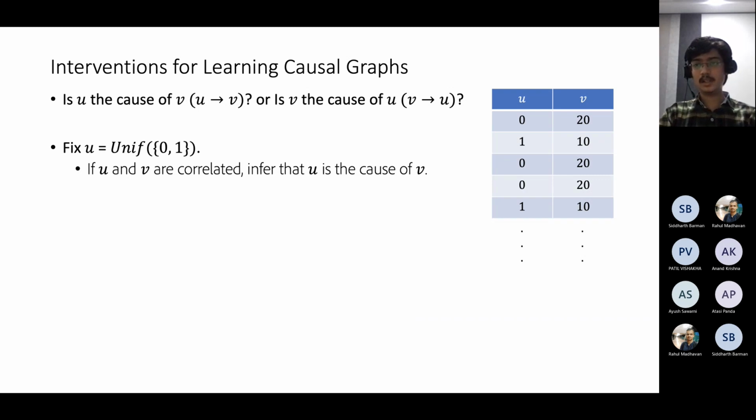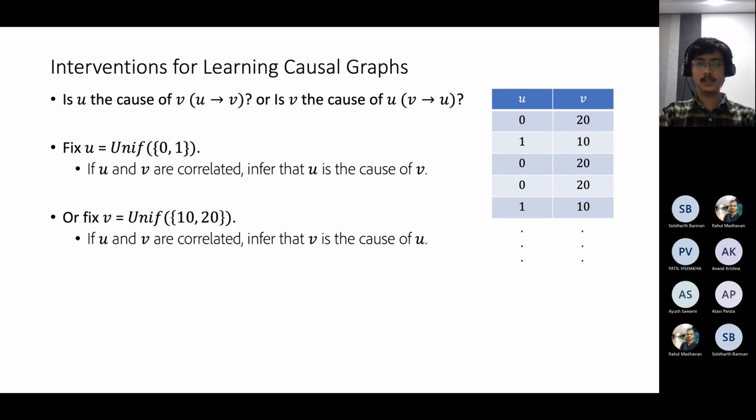If we now see that U and V are still correlated, then we can infer that U is the cause of V. If instead, after setting U to a uniform distribution, we saw that U and V become independent, then we would have known that U is not the cause of V. Another option is to similarly fix the distribution of V to a uniform distribution taking value 10 or 20.